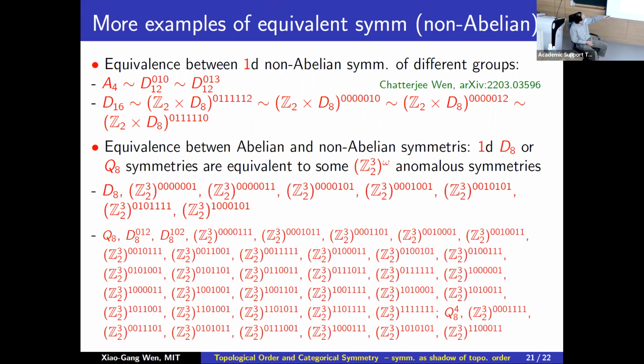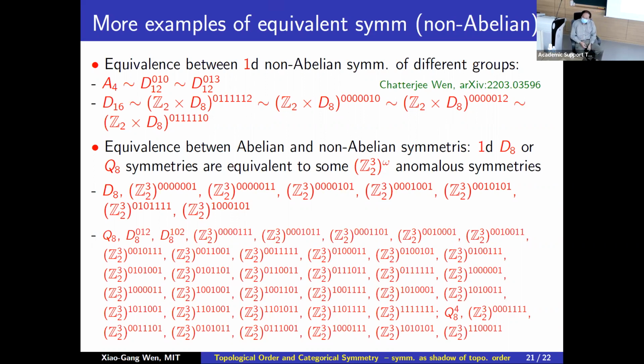But anyway, it's some anomaly. Then for example, Z2 cross Z2 cross Z2, three Z2 with certain mixed anomaly, would be equivalent to Q8 or D8, depending on the anomaly type. Actually, these two results are known, but here we just get a more general equivalence relation.